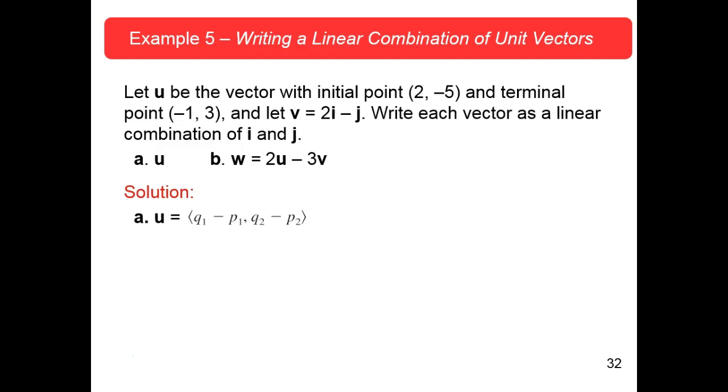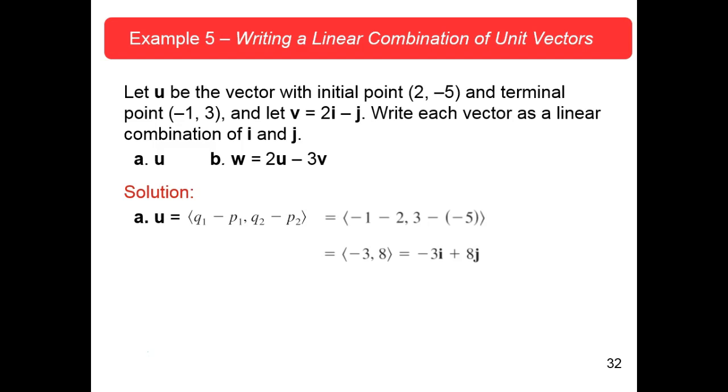So q1 minus p1, that was our -1 minus the 2, comma, 3 minus the minus 5. That gives us -3, 8, exactly like we got. And then to get it as a linear combination of i and j, that would be -3i plus 8j. Everybody see it?